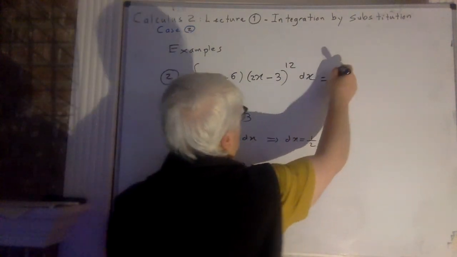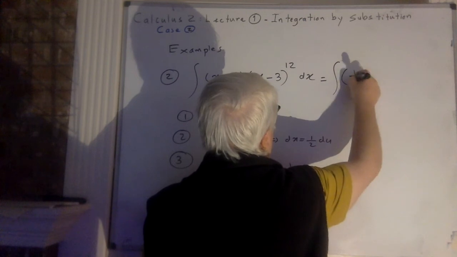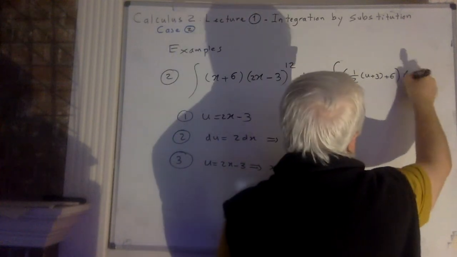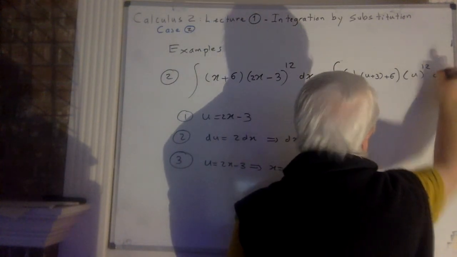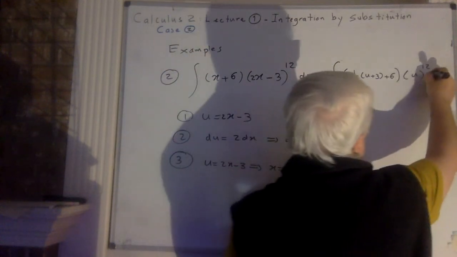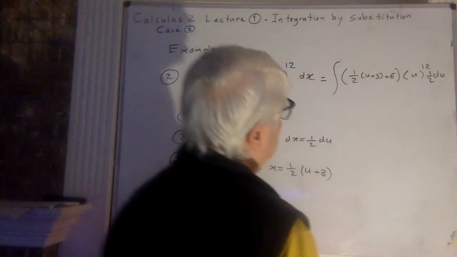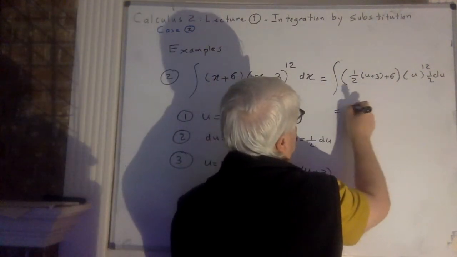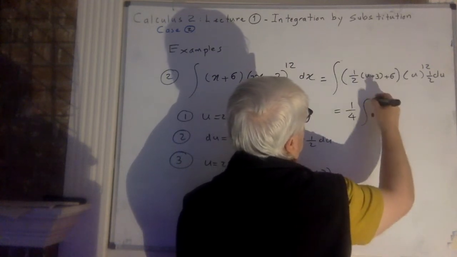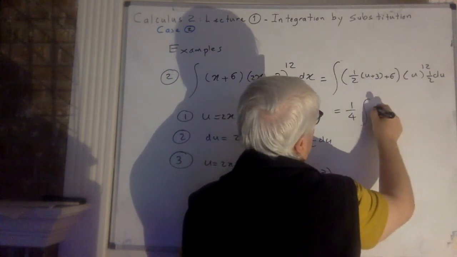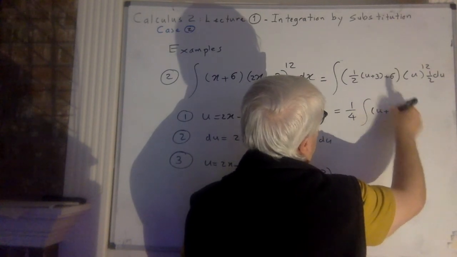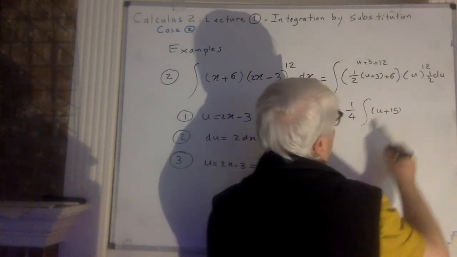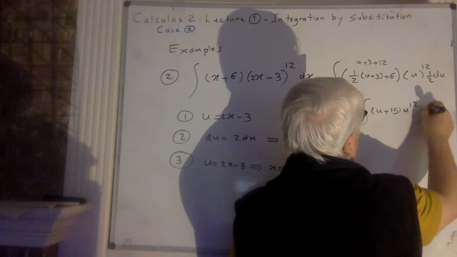So this will be the integral of 1/2 times (u plus 3) plus 6, times u to the power 12, times 1/2 du. Right. So let me simplify. I have 1/2 times 1/2, so that is 1/4. Let's put it outside. Then I have u plus 3 plus 2 times 6, 12, so that is u plus 15, times u to the power 12 du.